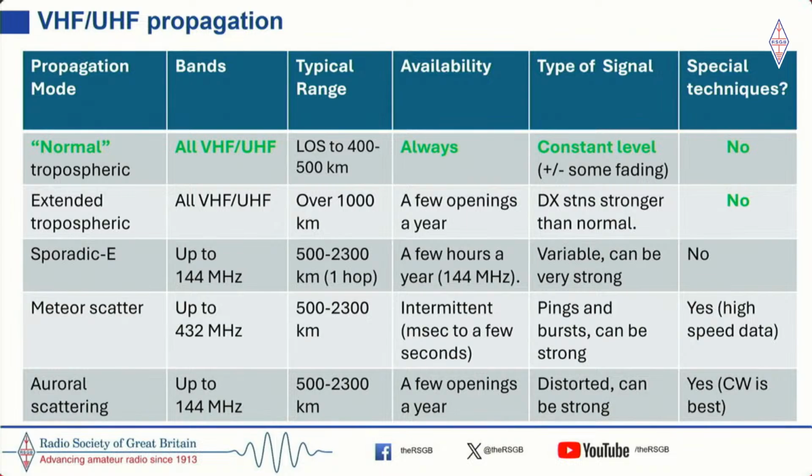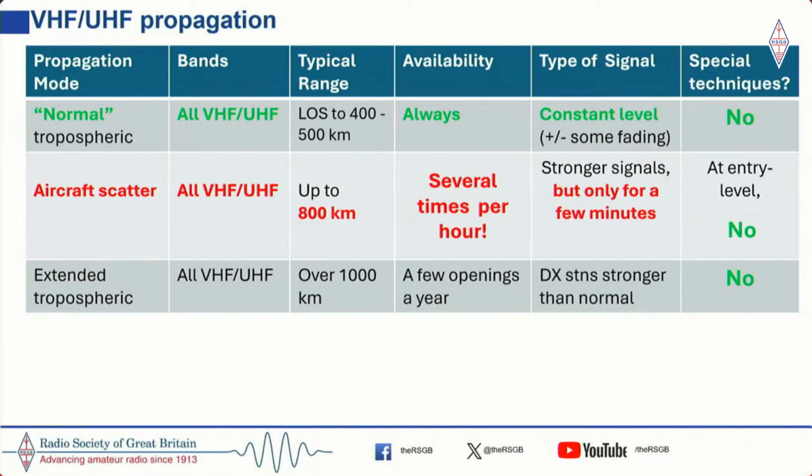Now the question is, where does aircraft scatter fit in? And the answer is right between normal tropospheric propagation and extended tropo.